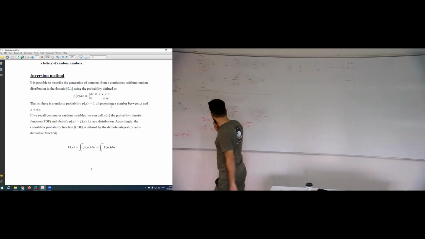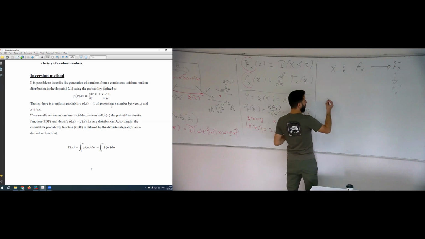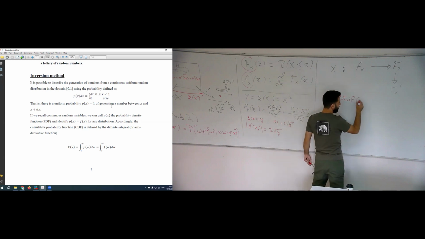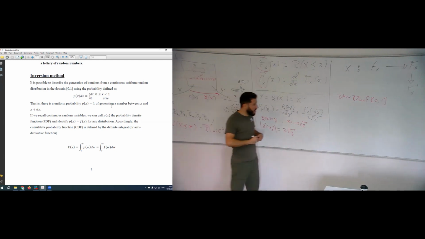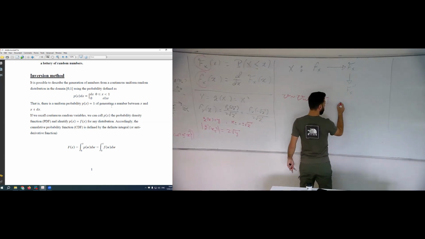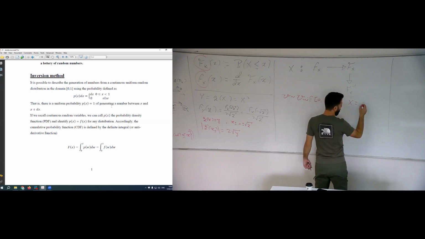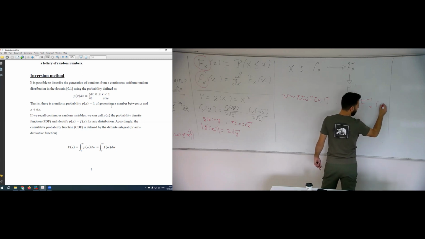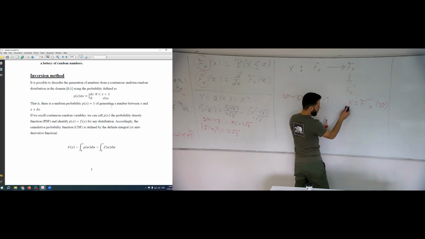Okay. If I know all these, I can take a number u, which is distributed uniformly from 0 to 1, and then apply on it, define x to be the inverse function of that.